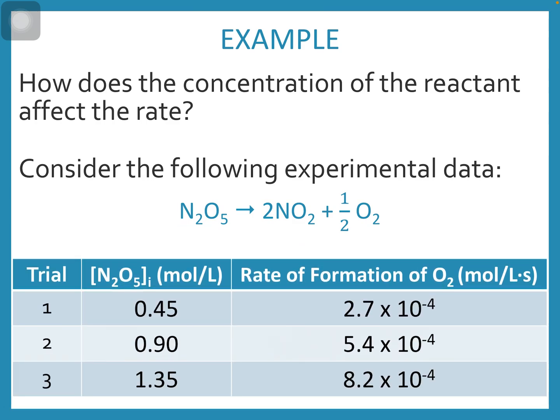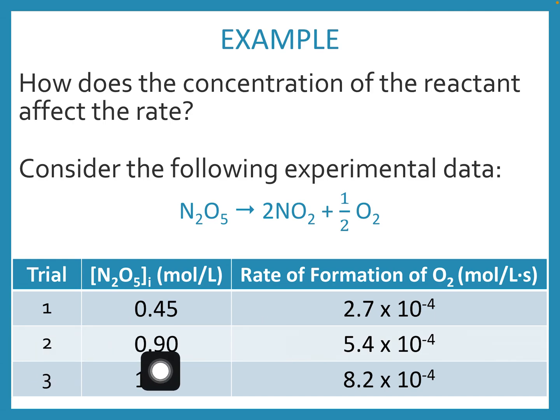If we take a look at the reaction data, in the first trial, the initial concentration of N2O5, where the I here means initial, and remember, square brackets mean concentration, was 0.45 moles per liter. And the rate of formation of oxygen was 2.7 times 10 to the negative 4 moles per liter per second.